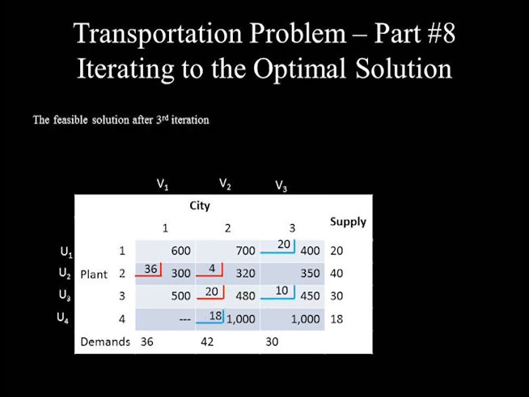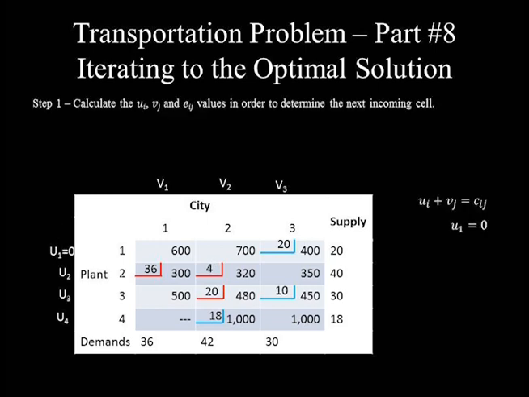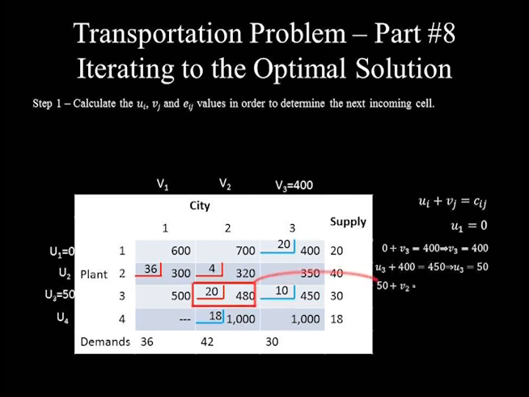In continuing to the fourth iteration, let's calculate row and column indexes for the occupied cells, given that row 1 index is equal to 0. 0 plus V3 is equal to 400. This implies V3 is equal to 400. U3 plus 400 is equal to 450. This implies U3 is equal to 50. 50 plus V2 is equal to 480.